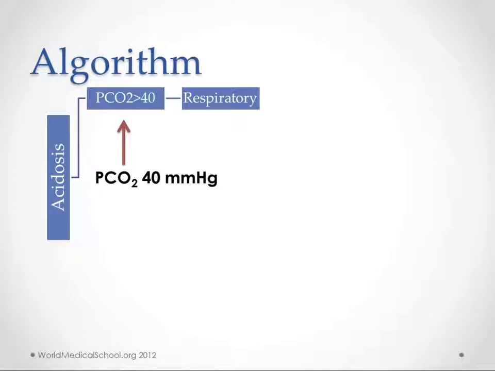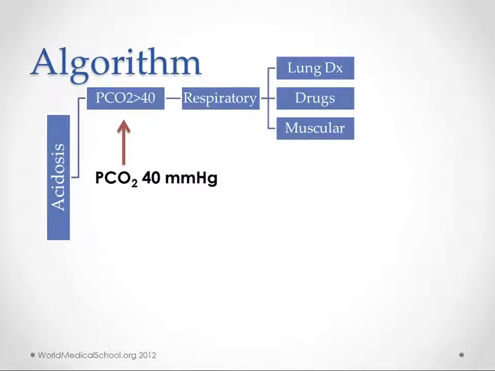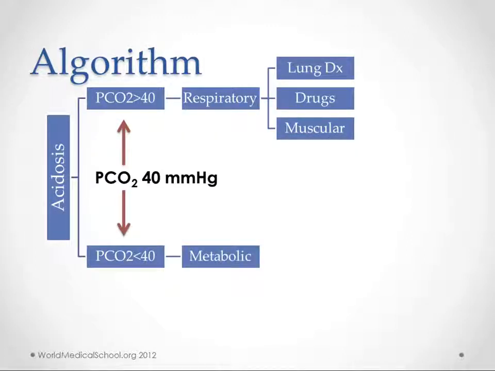So we know that we're not getting rid of enough carbon dioxide, and that is leading to our acidosis. So some of the causes would be lung disease, drugs that might depress our respiratory system, and some kind of a muscular problem that might depress our respiratory system. If your CO2 is less than 40, then we know it's a metabolic acidosis, because it means it's not a respiratory acidosis, so we're not retaining carbon dioxide.